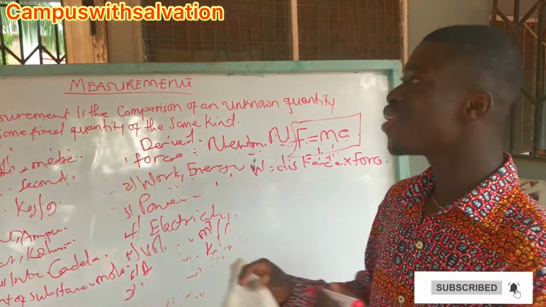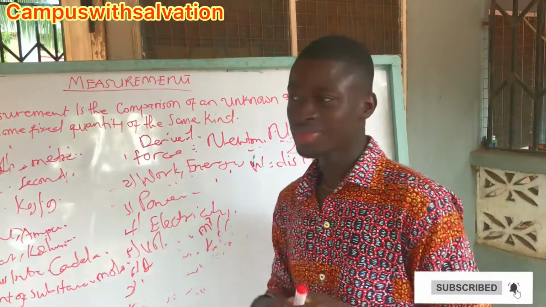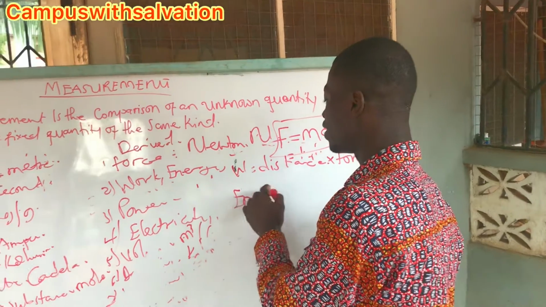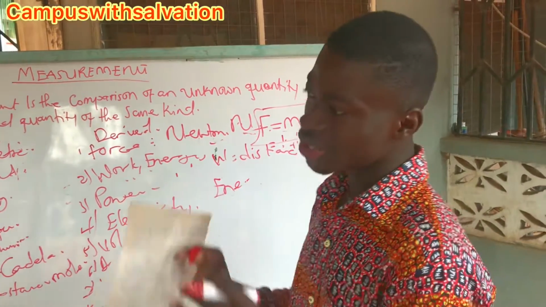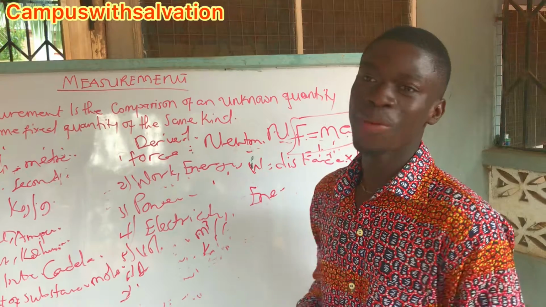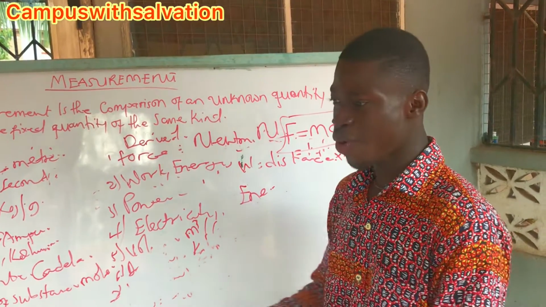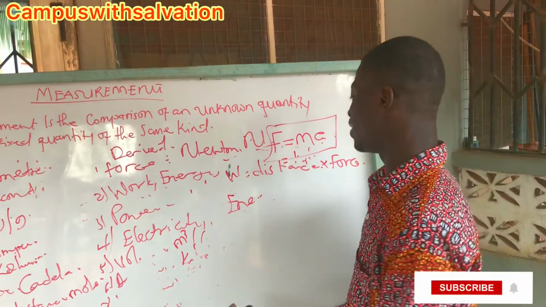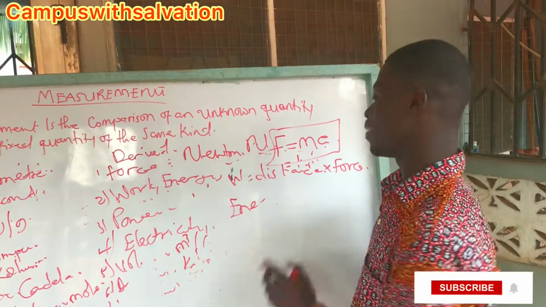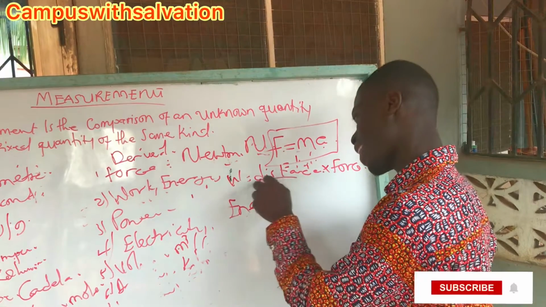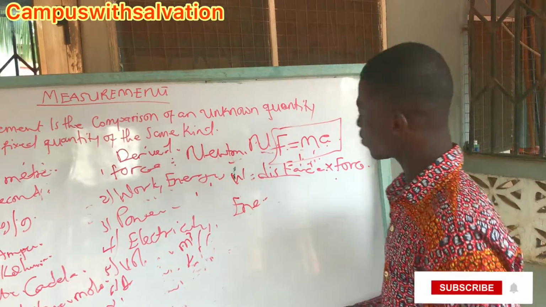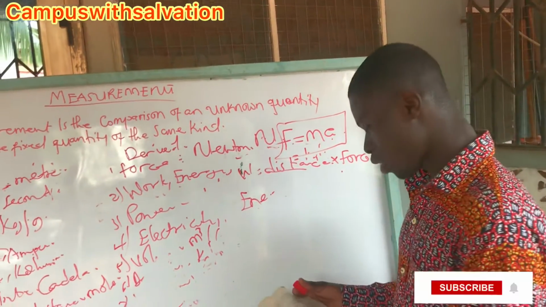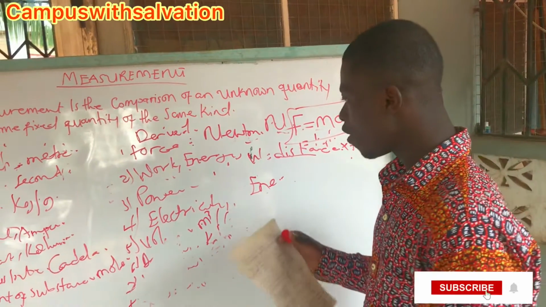You can try to pull or push a wall, irrespective of the energy you are going to use, and the wall still remains the same. The work done is zero because no distance has been covered. So before work can be done, you need to multiply distance with force, because you need to apply force. Then you just proceed on. So let's look at the formula for finding power.